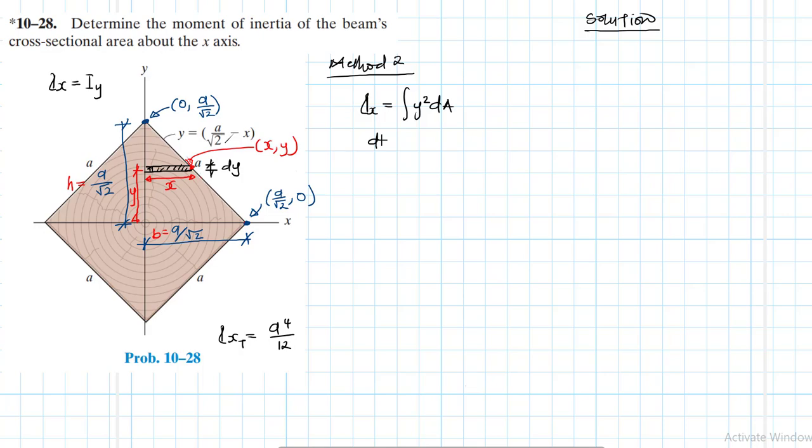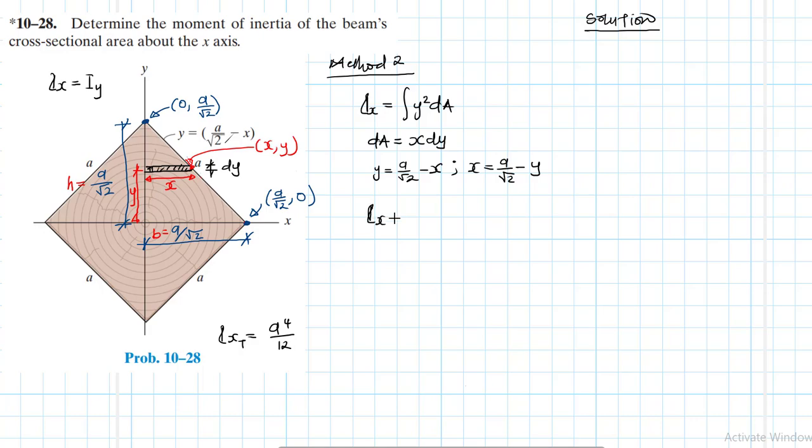And therefore, our small differential area for this will be equal to the length of this strip, which is x, and then the thickness, which is dy. Okay. And then we have the equation y is equal to a root of 2 minus x. Writing it in terms of x, it will be x is equal to a root of 2 minus y.